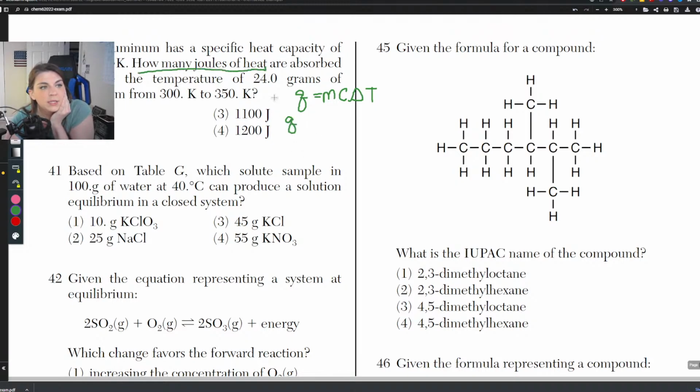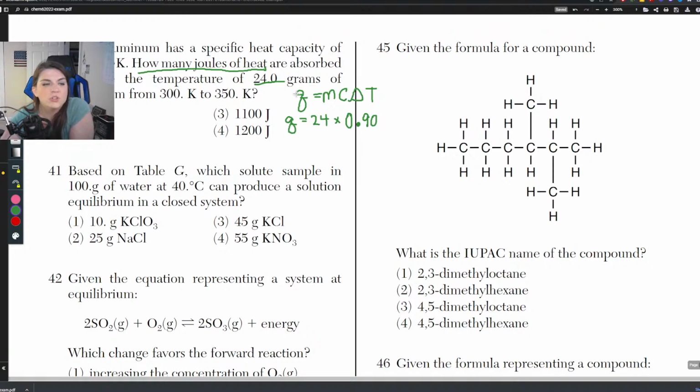The mass here is 24. C, according to Table T, is the specific heat capacity, and it gives us 0.90. And then delta T is the change in temperature.